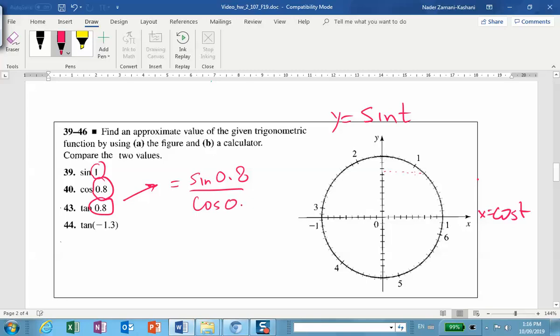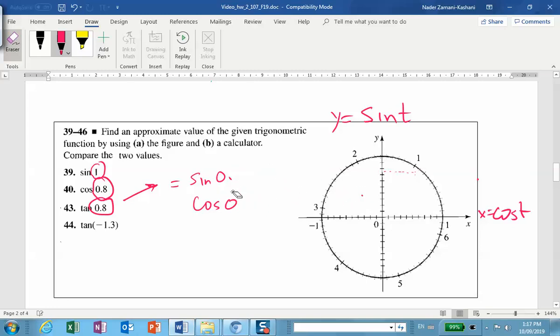So remember, I estimated the cosine as approximately 0.7, and the sine as approximately, maybe 0.8. So this is approximately 0.8 over 0.7, and you work it out. It's going to be around 1, very close to 1. And finally, let's erase these.